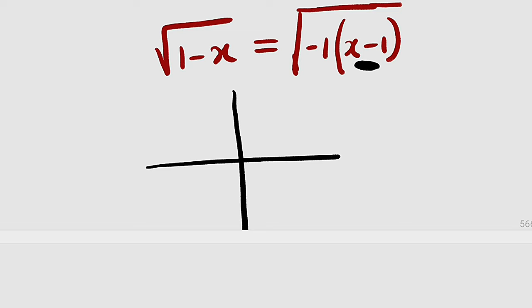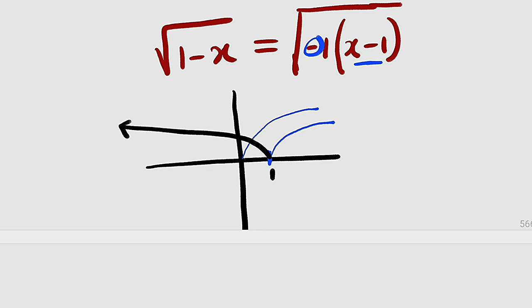This is what we need to sketch first. Remember that the square root of x looks somehow like this, but there is a horizontal shift 1 unit to the right. So 1 unit here, it is going to look somehow like this. But because of this negative sign outside, there will be a reflection. So it is going to turn to the other direction from 1.